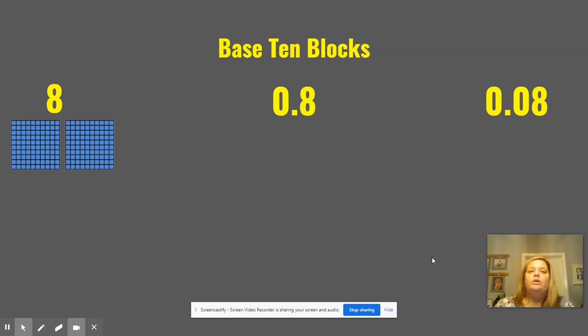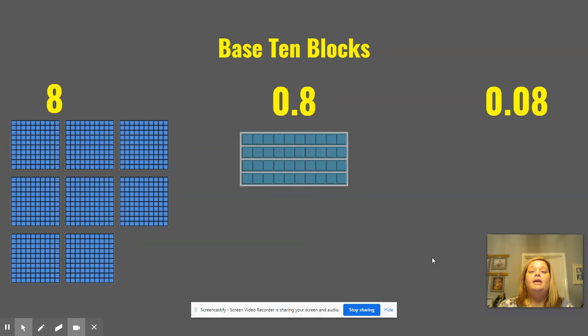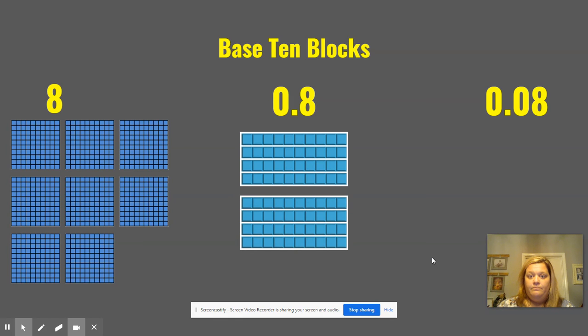The 8 whole number should have 8 flats. Okay, 8 flats makes 8. Now let's think. How many rods would I need for 8 tenths? If each rod represents 1/10, how many rods do I need for 8 tenths? That's right. I would need 8 of them.